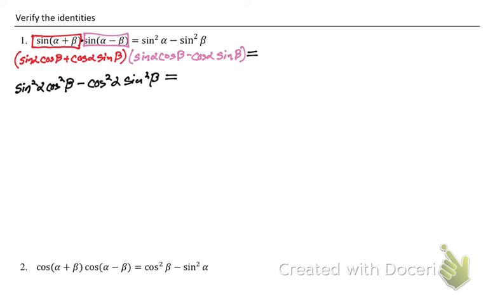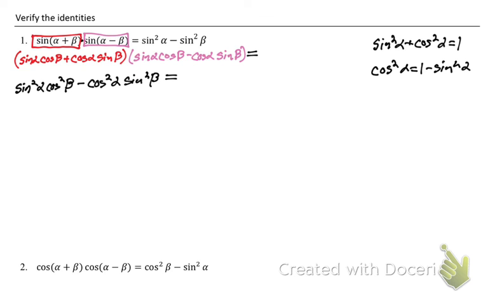Cosine squared alpha. Now, normally we go 1 minus cosine squared equals sine squared alpha, but we're allowed to go the opposite direction. So once again, what I'm picturing in my head comes from that sine squared alpha plus cosine squared alpha equals 1. If I move the sine to the other side, I have cosine squared alpha equals 1 minus sine squared alpha.